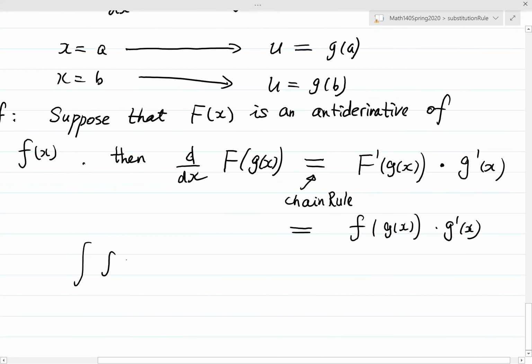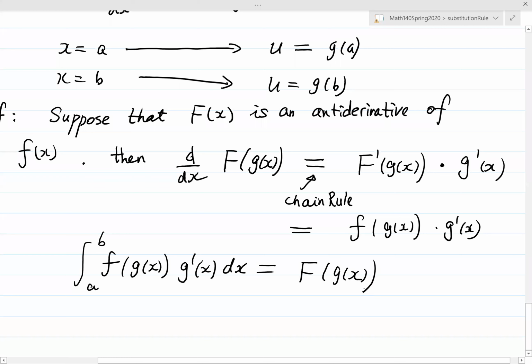So we have this integral from a to b of f(g(x)) g prime. We already found the antiderivative, which is capital F at g(x). Okay, so this is the antiderivative. So by the fundamental theorem of calculus, we subtract the function values at the two endpoints.